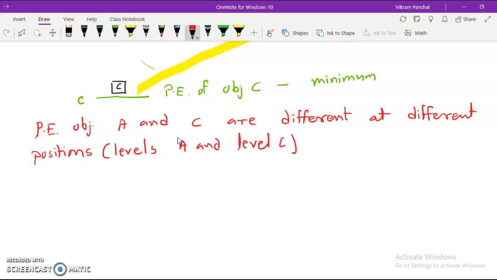Okay. Why? Because their height with reference to ground level is different, and that is why the potential energy would be different.